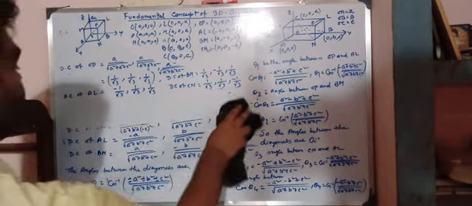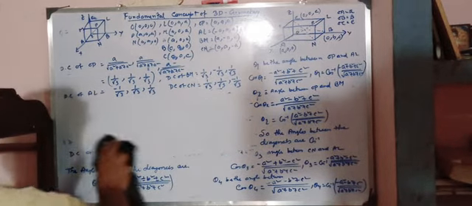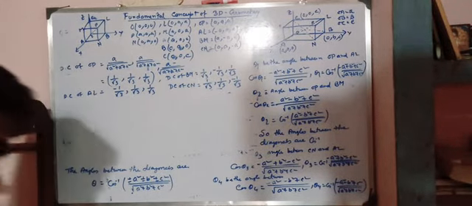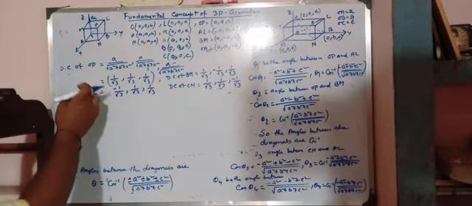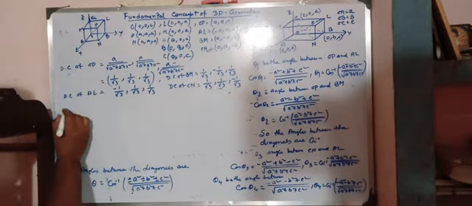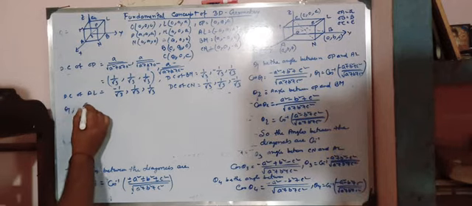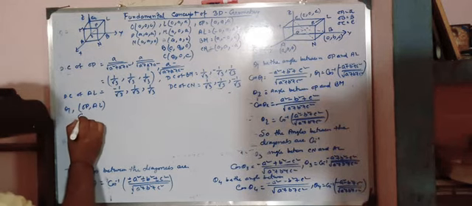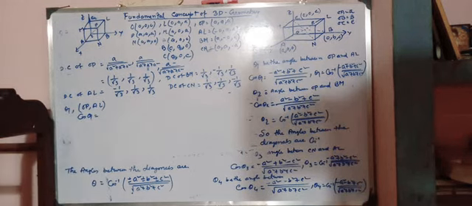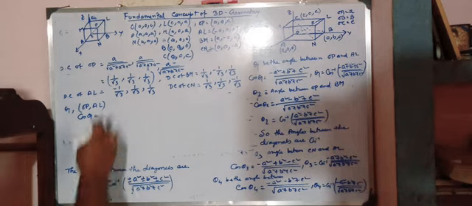Now, suppose we have to find the angle between OP and AL. Let theta 1 be the angle between OP and AL. So cos theta 1 is equal to how much?